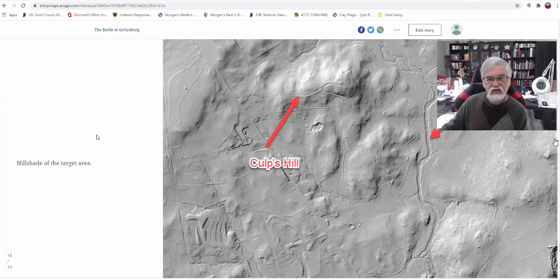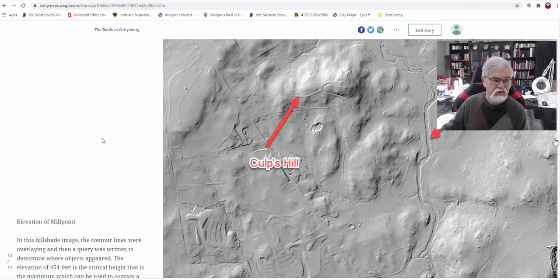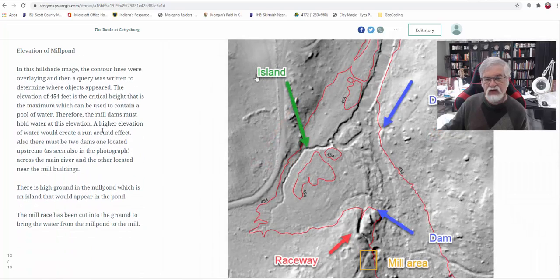Here is a hillshade, and you can see clearly where Rock Creek is. You can see Culp's Hill. You can see the roads that are now part of the National Gettysburg Park, and this is generally the area where we look at the mill pond, and we've labeled it on the next map.